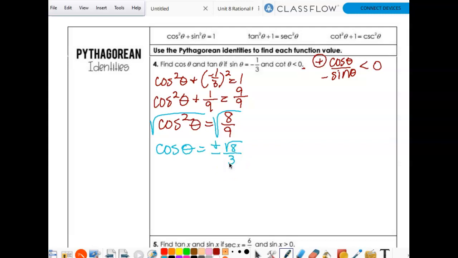Now, we just said that the cosine had to be the positive answer. So I'm going to choose the positive answer. Now, I have the square root of 8, which is 4 times 2. What's the square root of 4? 2. So I get 2 square root of 2 over 3. So that gives me my cosine.